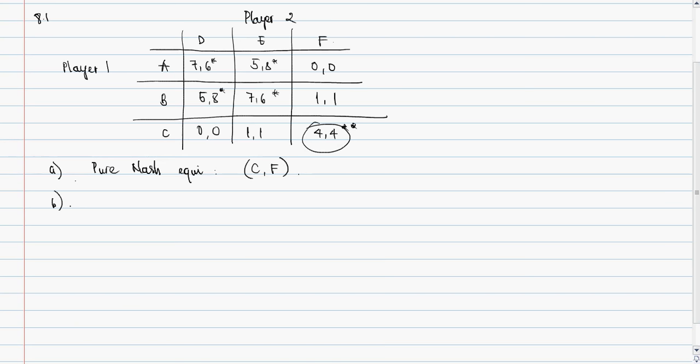Now B, find a mixed strategy Nash equilibrium in which each of the players randomizes over just the first 2 actions. Okay, so we only consider the first 2 actions of each of the players.